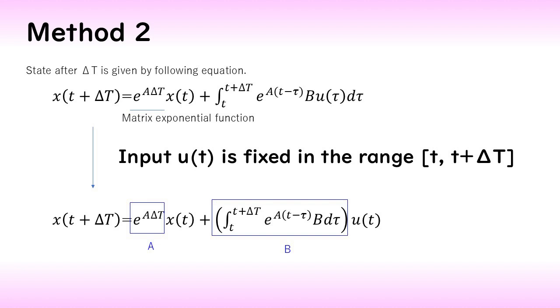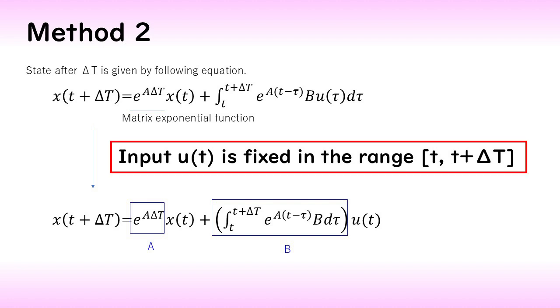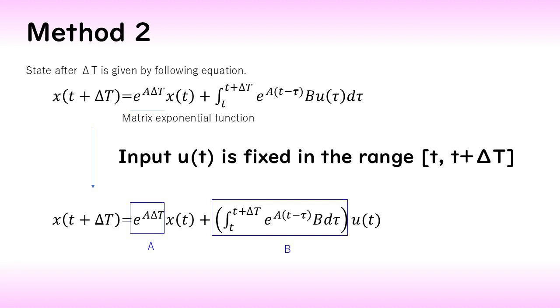When we select input u(t) fixed in the range t to t plus delta t, then we can obtain the following expression. And we can find that this is a kind of discrete time system.